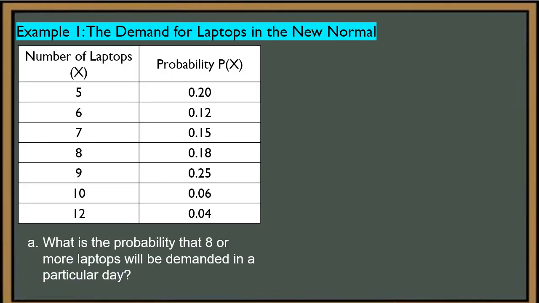Okay, we will first answer the first question. What is the probability that 8 or more laptops will be demanded in a particular day? Solution. Our equation would be the probability that x is greater than or equal to 8.